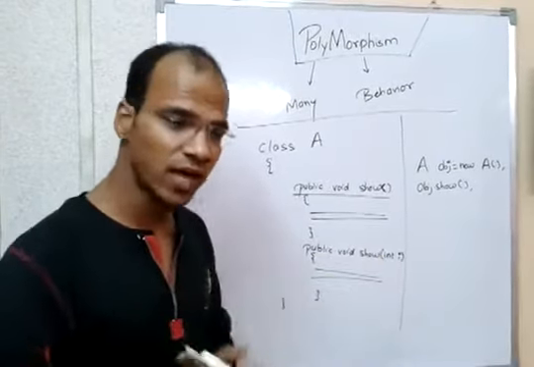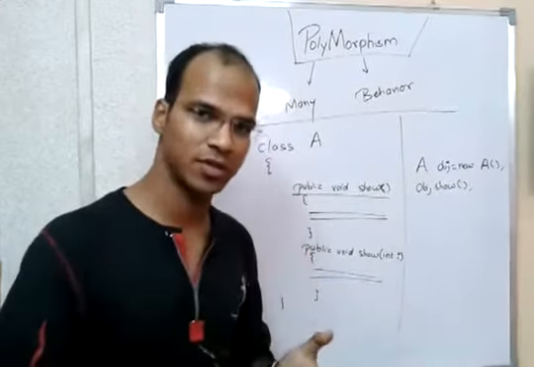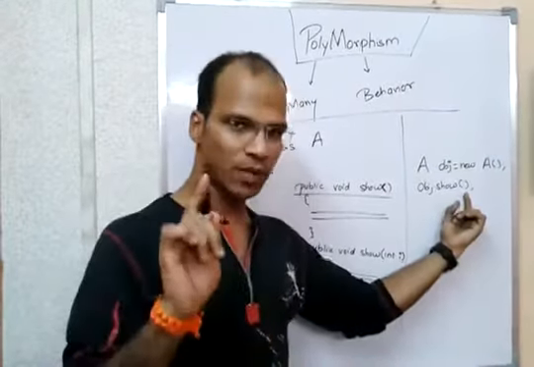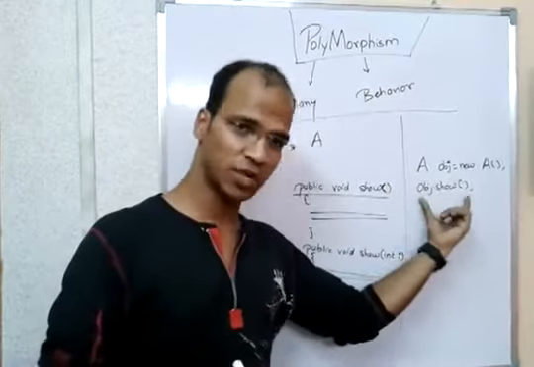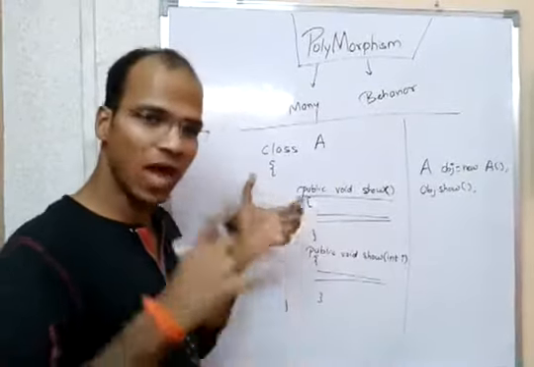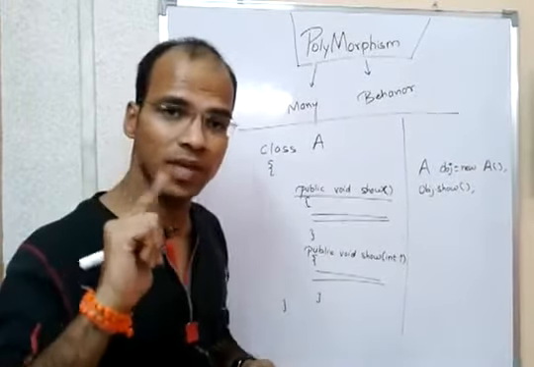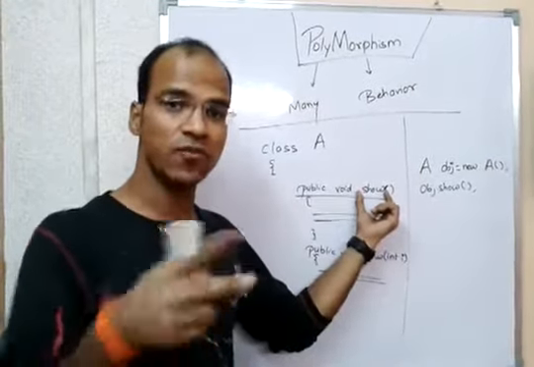That means to clarify, this show refers to this. Again, it will go for the number of parameters. You have 0 parameters here, you have 0 parameters here. That means this statement will call this show method. You have two methods, you are calling only one method, and this is called polymorphism. Same function, different behavior.